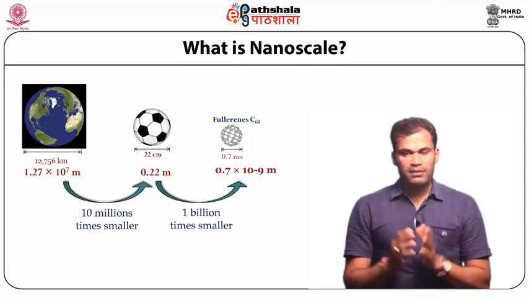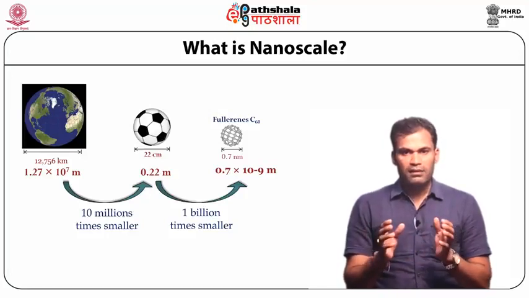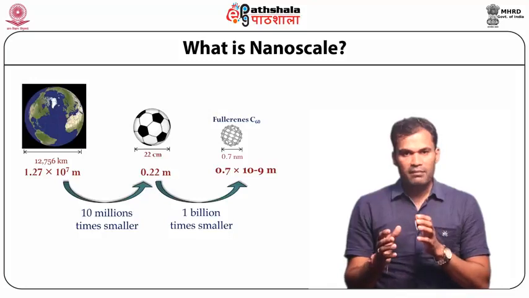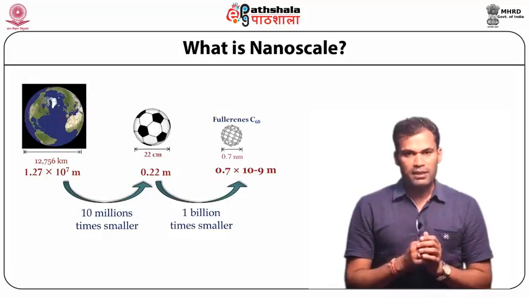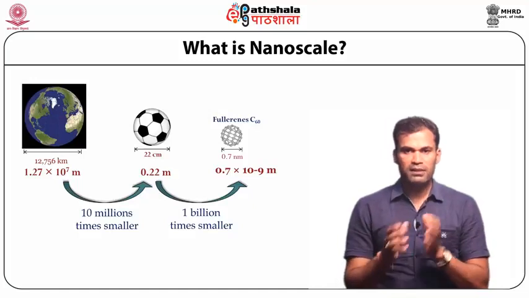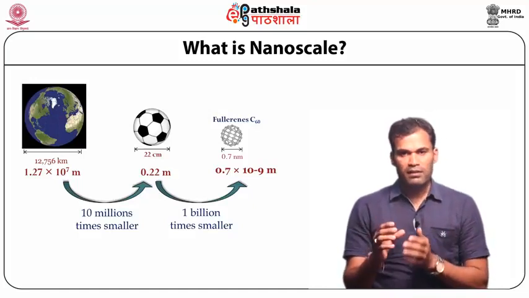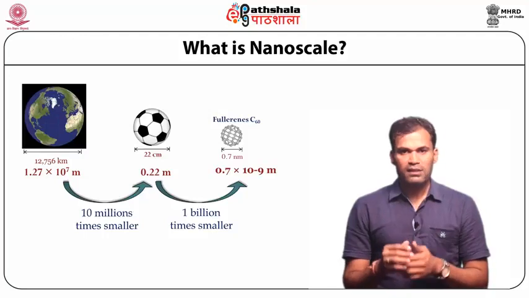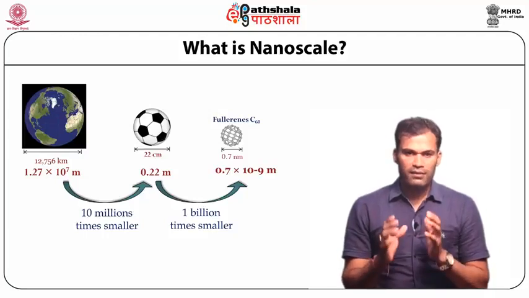So you can compare the sizes. The football is 10 million times smaller than the Earth, and the nanotube is 1 billion times smaller than that football. So this is the particular level at which nanotechnology works.